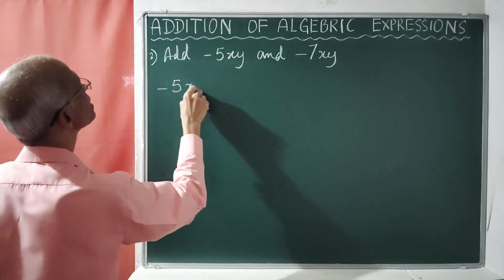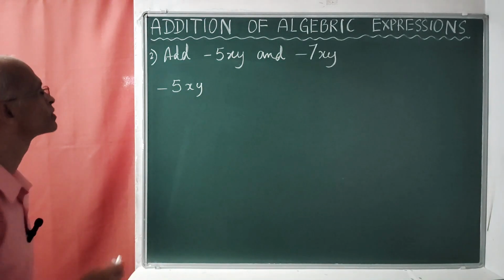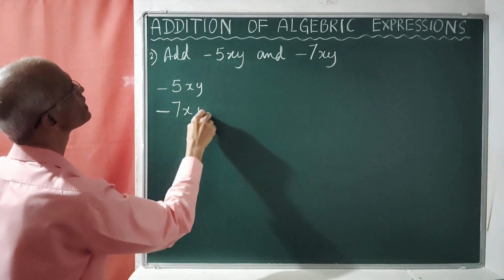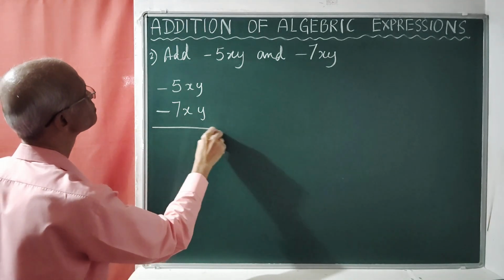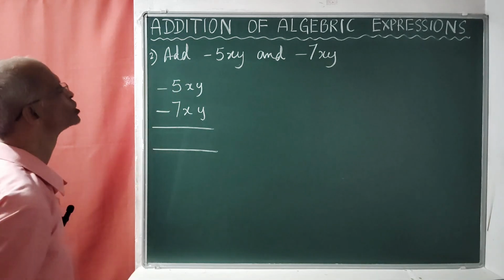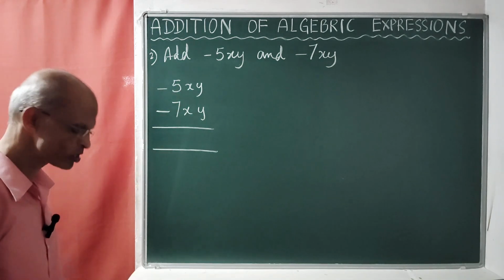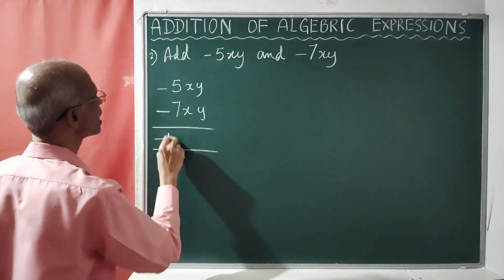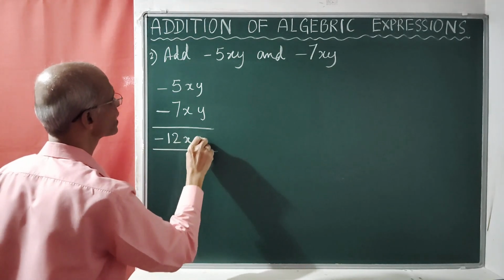Minus 5xy, minus 7xy. You have to solve only the numbers. So both are minuses, add and put minus. So we get minus 12xy.